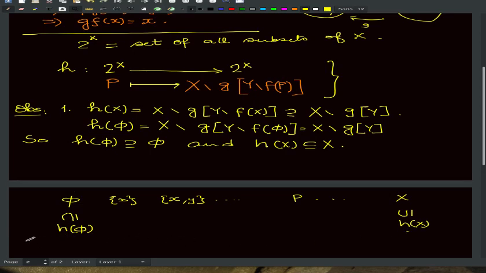So possibly somewhere in between it must be equal. So my idea is, I'm going to take this difference h of p minus p.